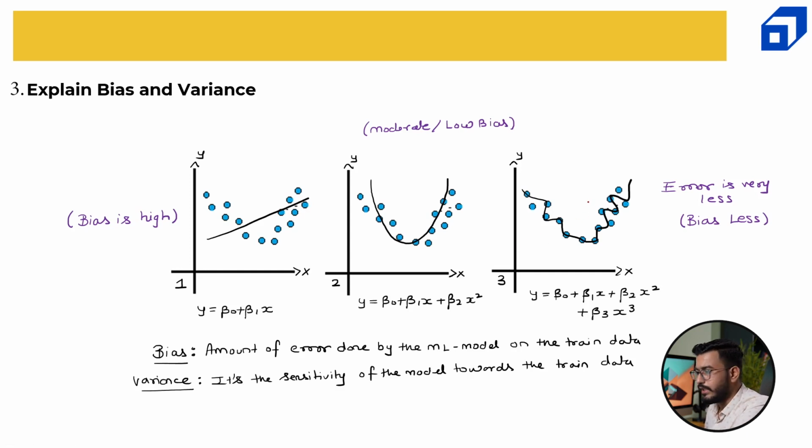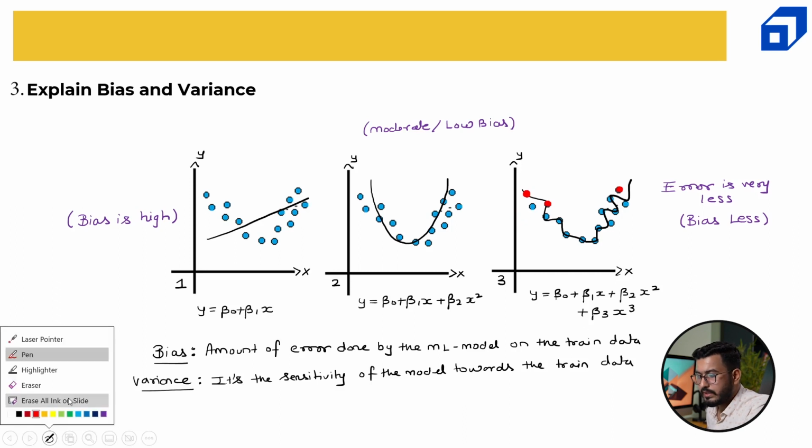In model number 3, when I red color it, that basically means I'm deleting it. If I delete this point, and let's say this point, if I delete these 3 points from my training data, how much my model will impact, how much my model will change if I retrain it. And here you can see that my model will change a lot, because as soon as I delete these 3 data points, my model will completely change.